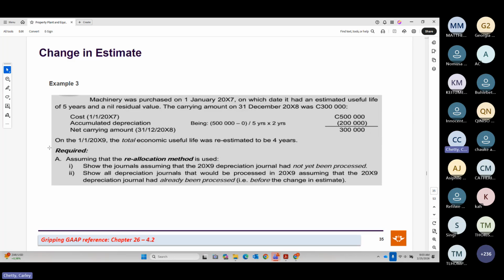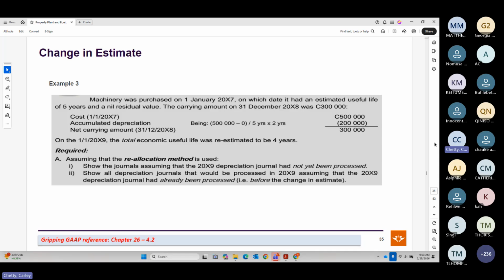They've told us that on 1 January 20x9, the total economic useful life was re-estimated to be 4 years. So now we need to use the reallocation method and work out the effect of the change in useful life on the depreciation.